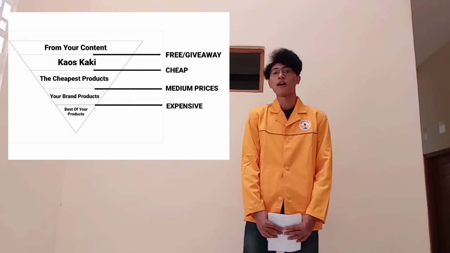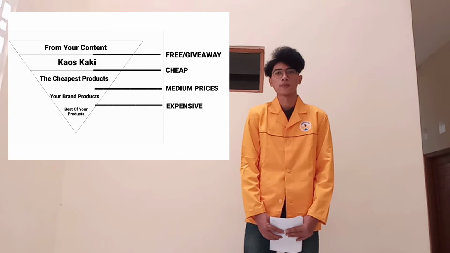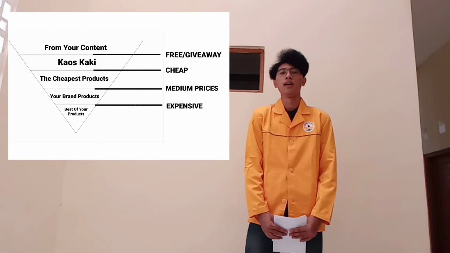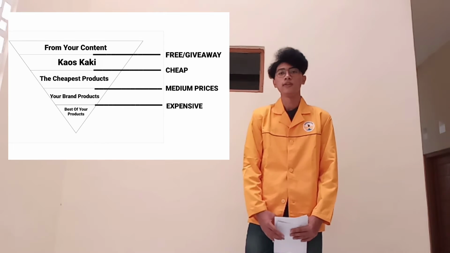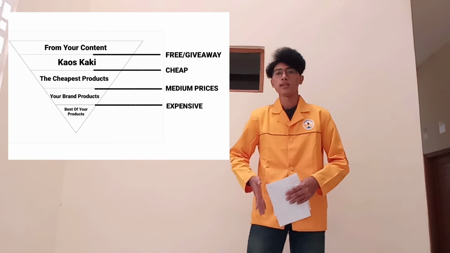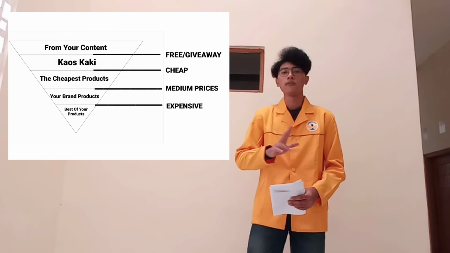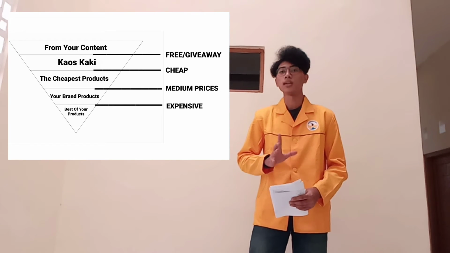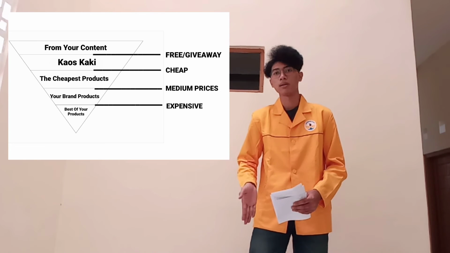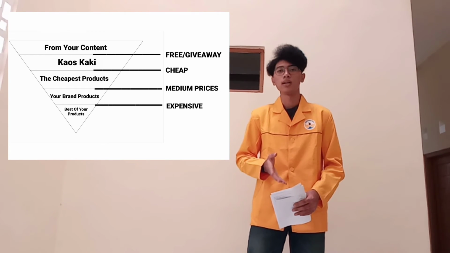Did you see the difference of the product? What do you choose? Exactly, A product, because the A product is the real product of the brand, not the imitation of the product. If you're the first type of customer, price-oriented customer, you will buy the B product because it's the cheapest product.